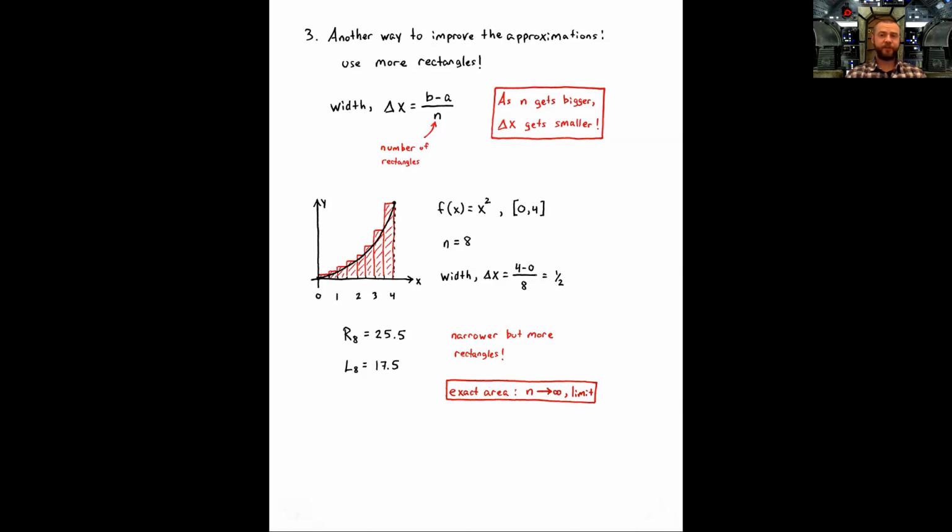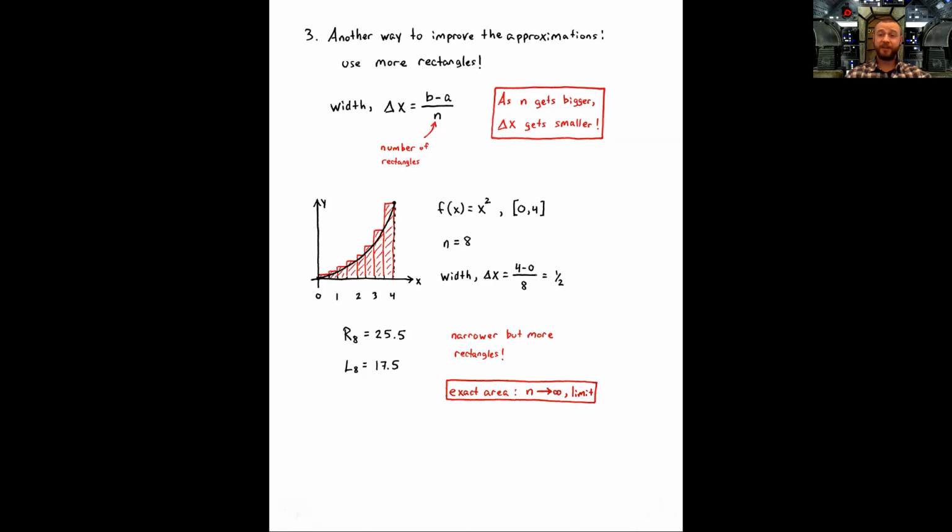Now, this is conceptually a little bit bizarre from what we stated earlier, still on the screen. As you use more rectangles, the width, delta x, gets smaller. Notice in that expression, the formula for delta x, b minus a over n. As n goes to infinity, delta x goes to 0.